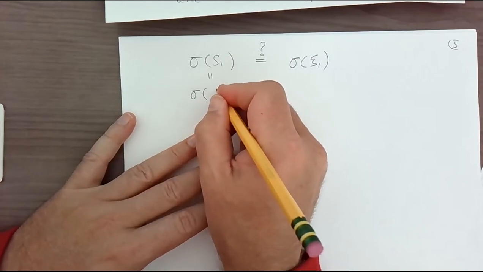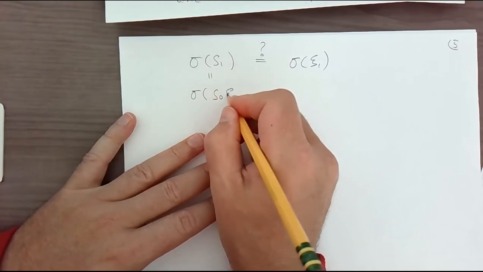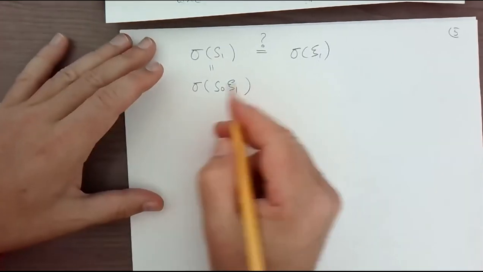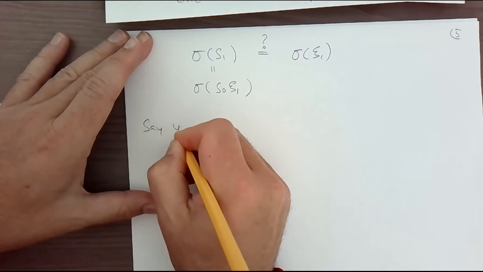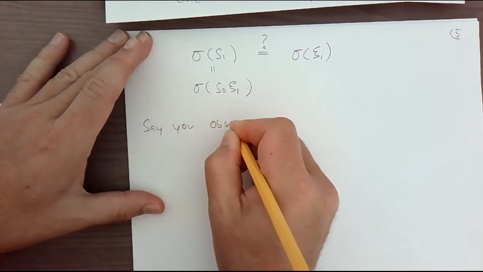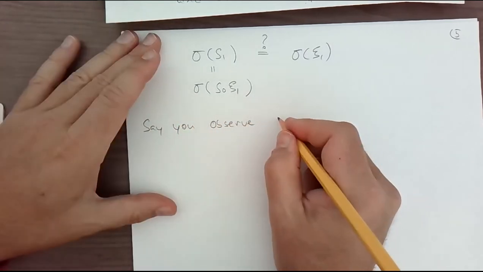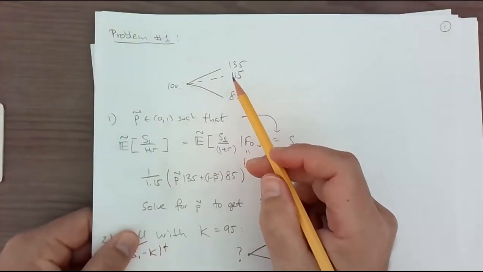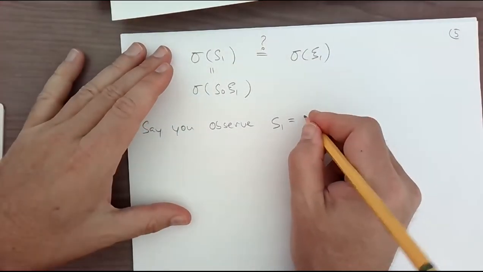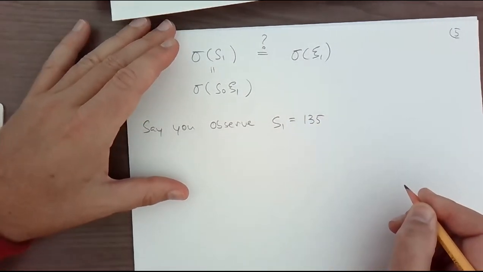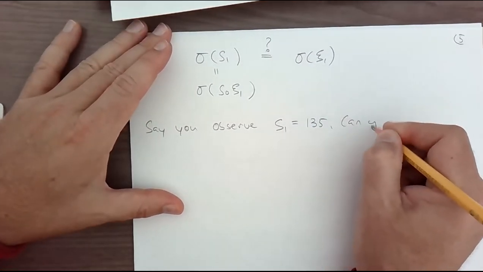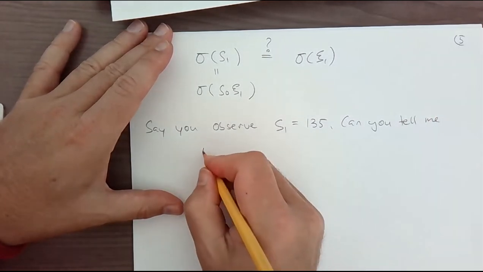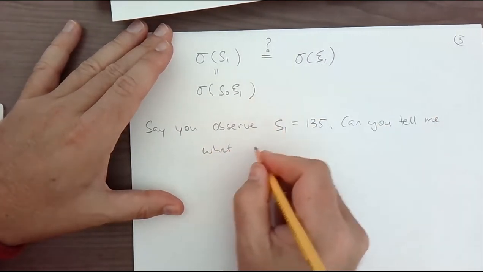This was S0 times psi1. So imagine if you observe, if we are in that problem we had here, say that you observe that S1 is equal to 135. Can you tell me what psi1 is?